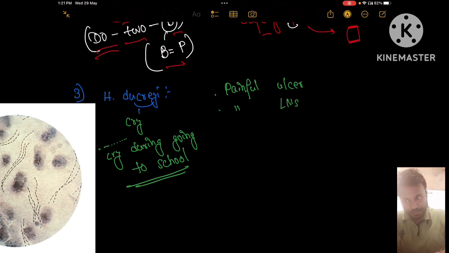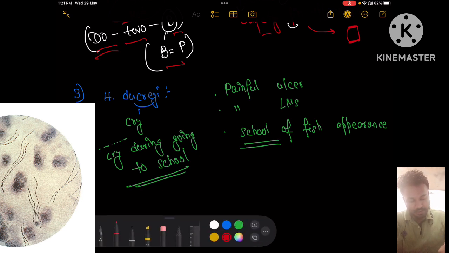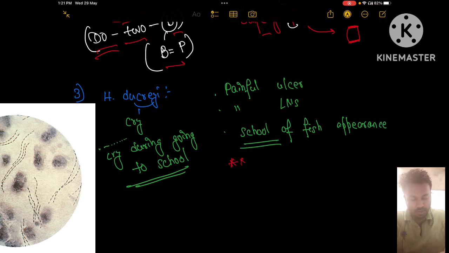It shows school of fish appearance. School of fish appearance. That is an important point, or salient feature, for Haemophilus ducreyi. It shows bubo. What is bubo?